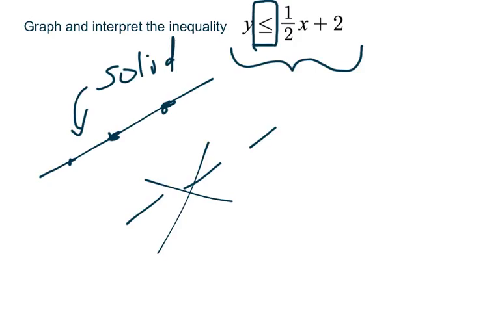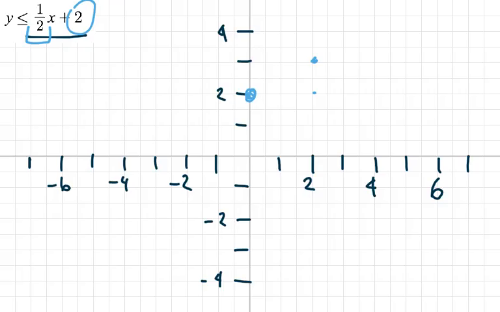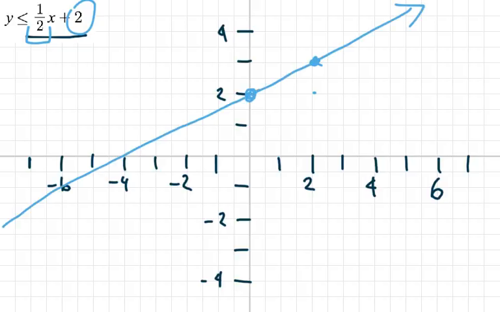And I remember from this step we figured out it's going to be a solid line, so I will draw the graph of this inequality with a solid line through these 2 points, looking something like this.